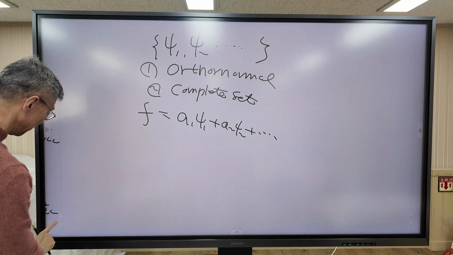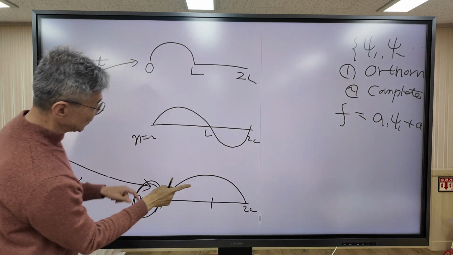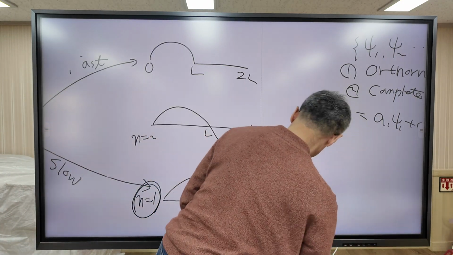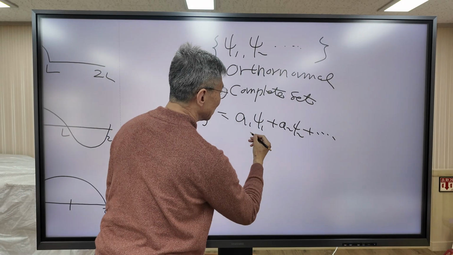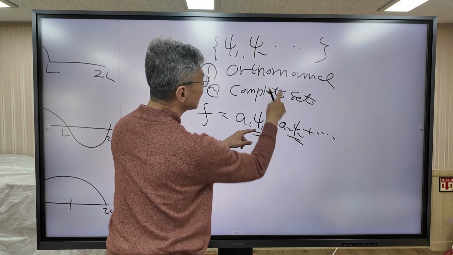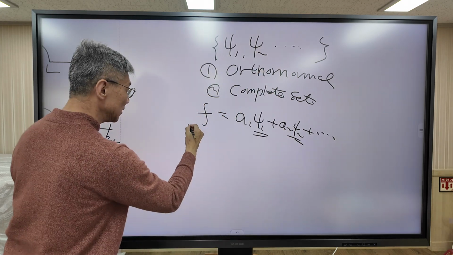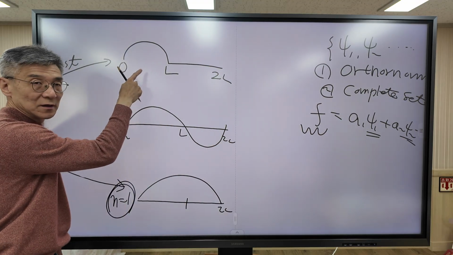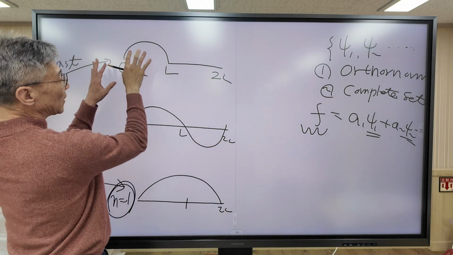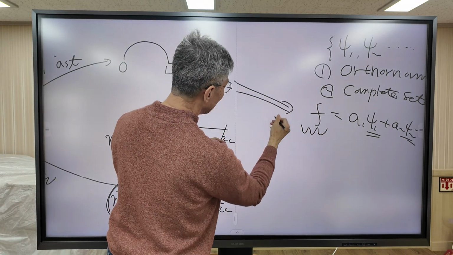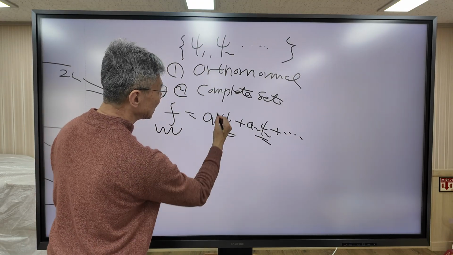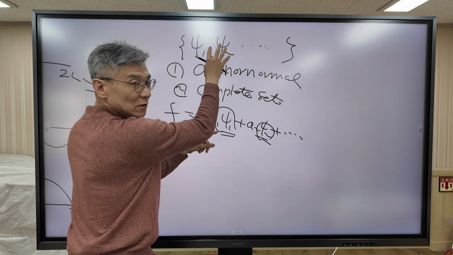So in this case, this function is this one. This is a solution to Schrödinger equation, and this one corresponds to this function. So this function corresponds to this one, and this function can be expressed as a linear combination of this one.